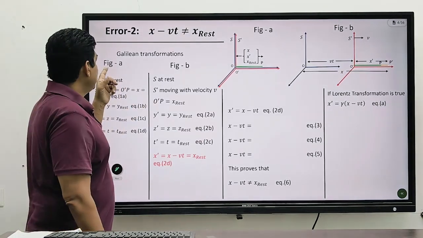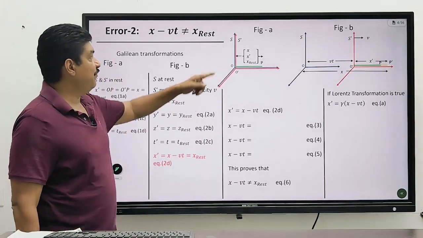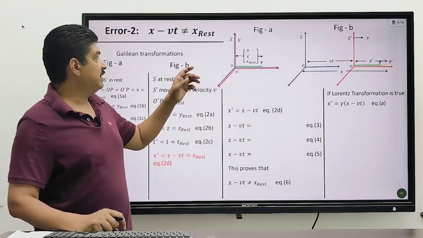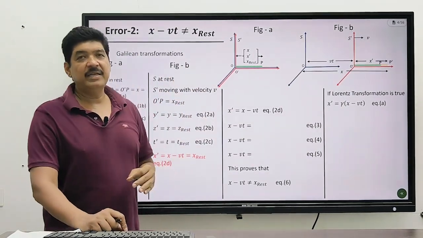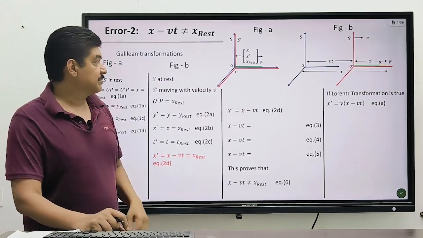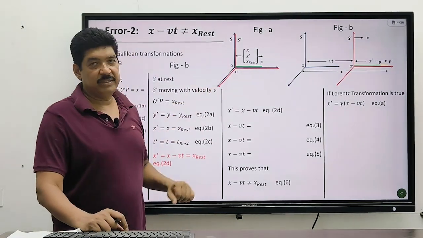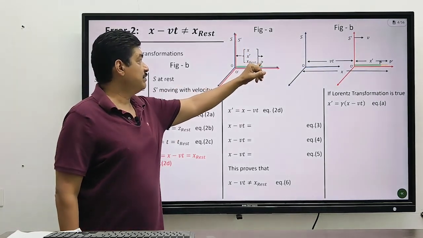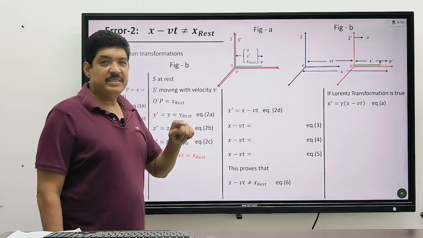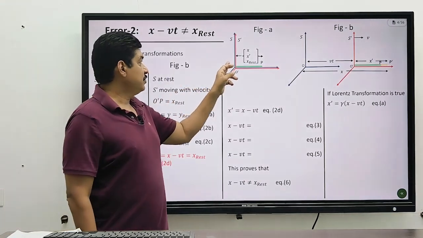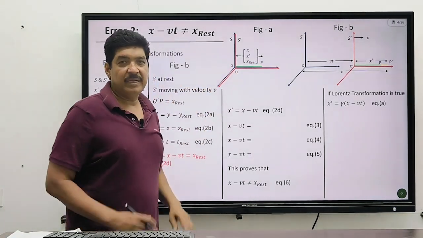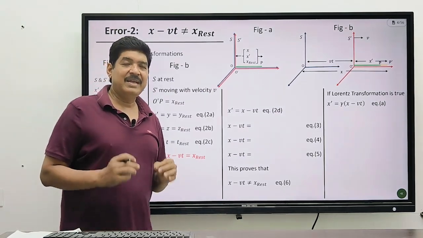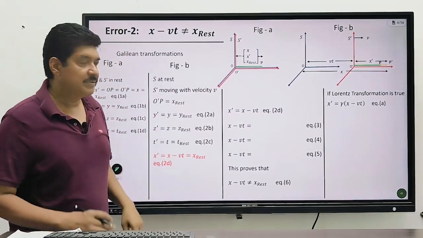We will take the Galilean transformation, figure A. In figure A, both frames of reference, S and S prime, are at rest, and their origins are coinciding. That means O and O prime are coinciding. And there is a point P in the S prime frame of reference. When you measure the distance OP or O prime P, they will be equal because the origins are coinciding and both are at rest.